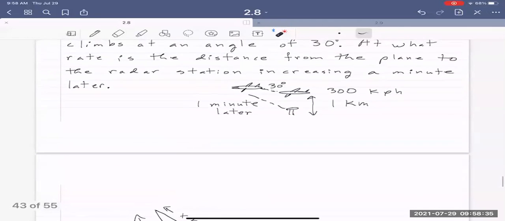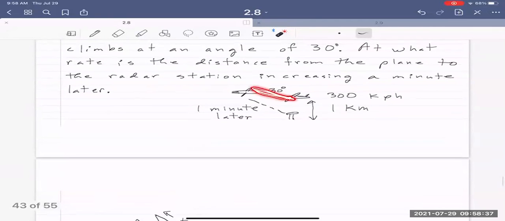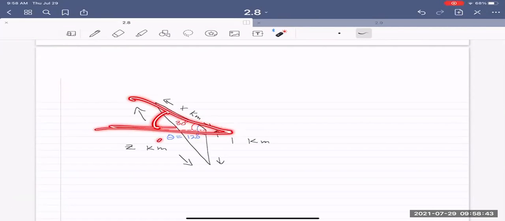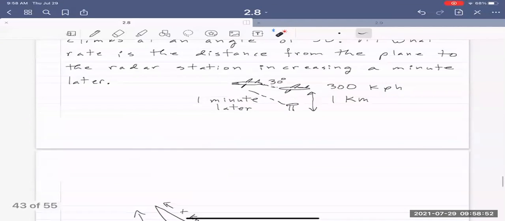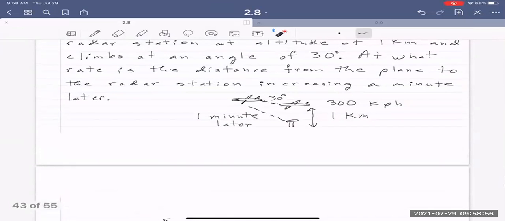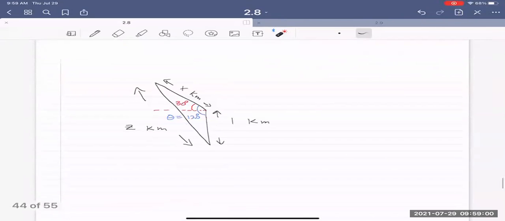We then go up at an angle of 30 degrees. I then want to figure out what this length is. I'll call it Z. I don't know what that is.